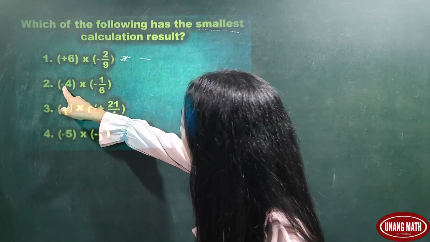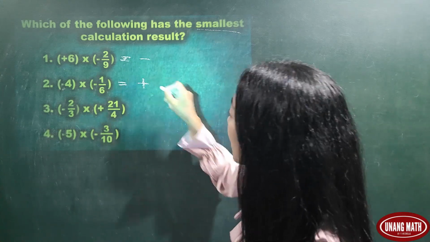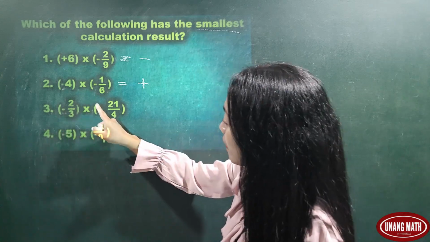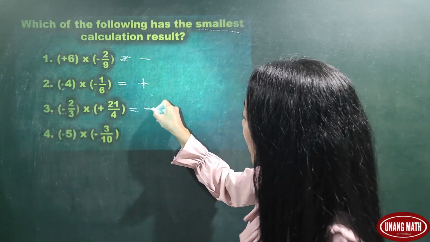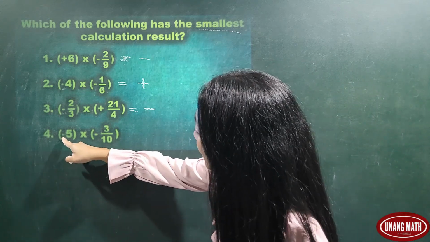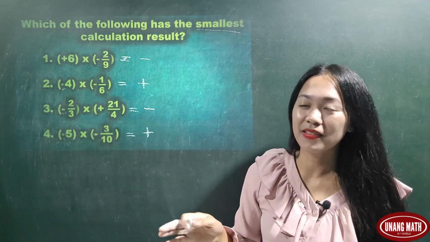Number 2 is a negative number times a negative number, so the answer is a positive number. How about number 3? This is negative and this is positive, so the answer is a negative number. Number 4 is a negative number times a negative number. The answer is a positive number.